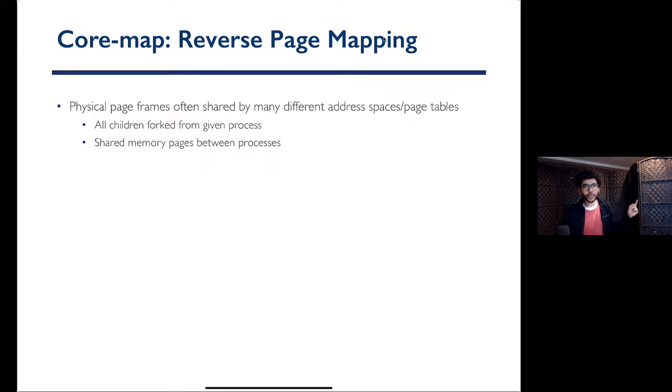Now, if you remember, we had situations with memory sharing, for example, where a bunch of processes were sharing the same page. If you swap this page to permanent storage, you have to go and invalidate this page table entry in all of these processes' page tables.